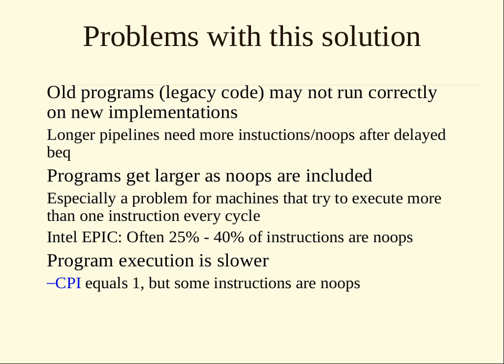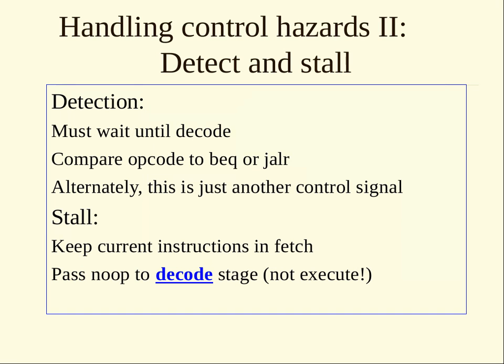Yeah. All right. So is avoiding the problem a good one? Terrible. That's an operating system solution, not an architecture solution. Okay. Detect and stall. Well, this one's actually pretty easy. When you have a branch in decode, you basically say, okay, you issue that instruction, and then you just stall until that branch is resolved.